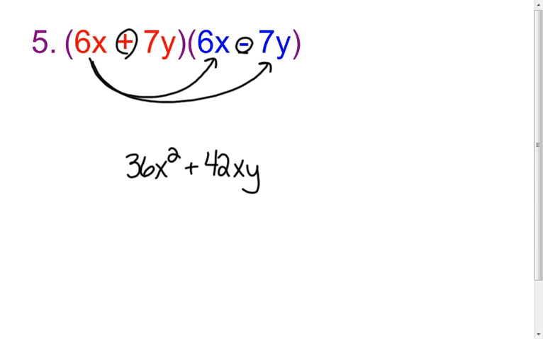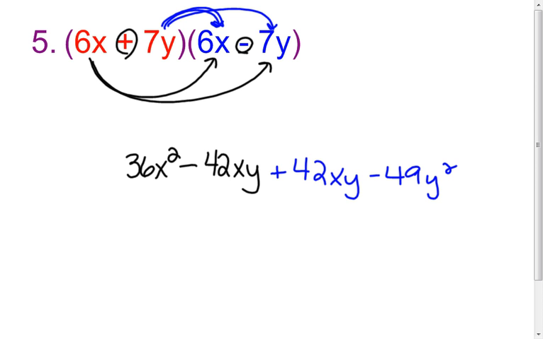I've distributed it all the way through. And now I'm going to take 7y times 6x, which is, oh, by the way, the last one back here should have been negative 42xy. I'm sorry. Let's try this again. 7y times 6x is positive 42xy. 7y times negative 7y would be negative 49y squared.